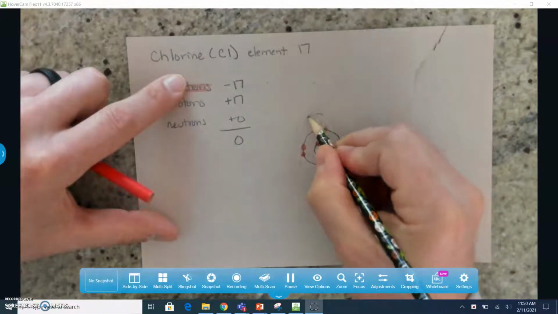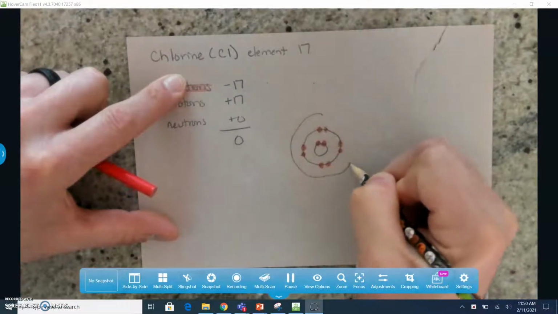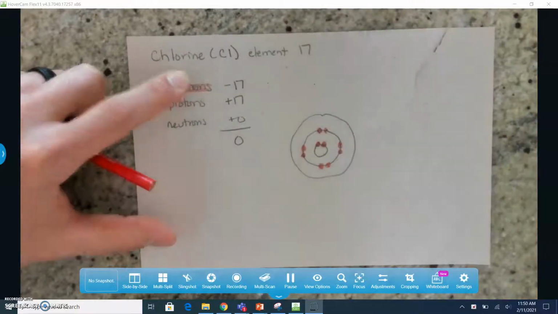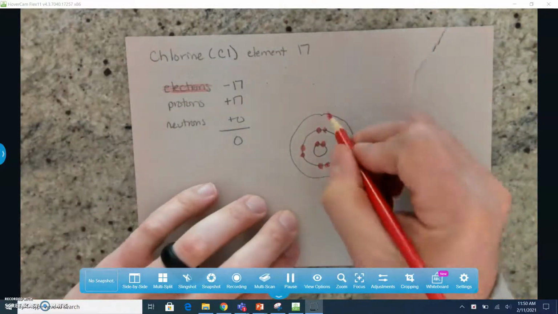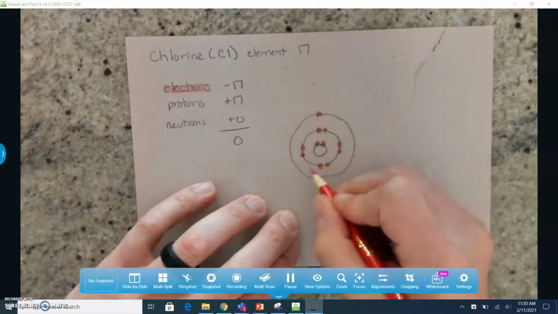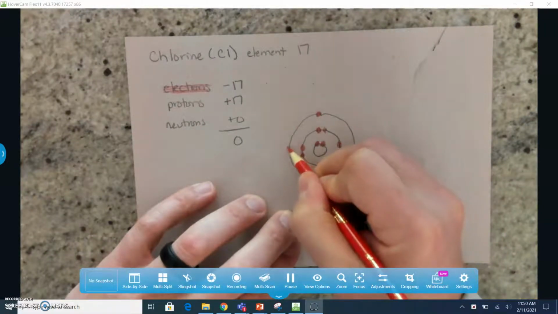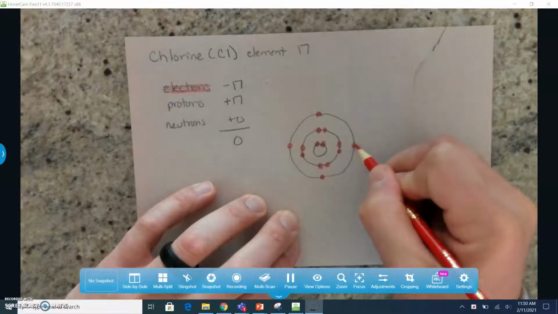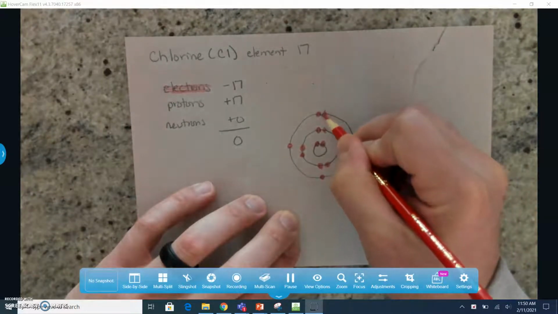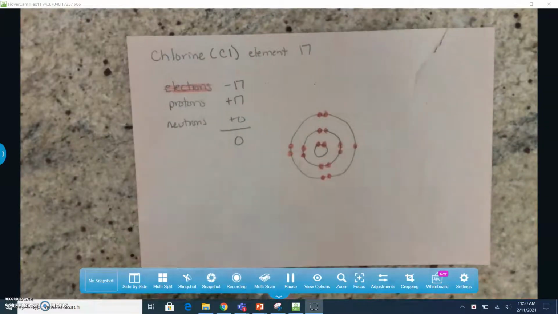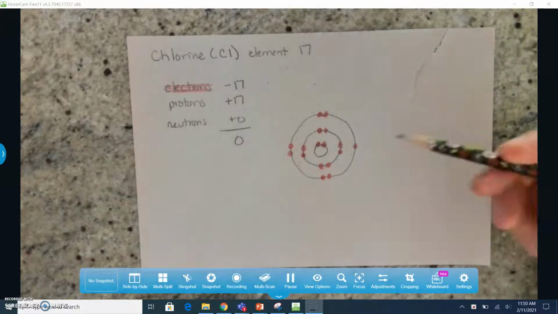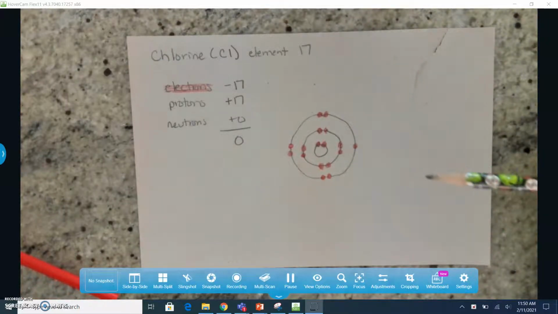Third valence shell. Again, this one can hold 8 electrons, but I only have to plug in 7. So 1, 2, 3, 4, 5, 6, and 7. So now I have 17 electrons. So here is chlorine.